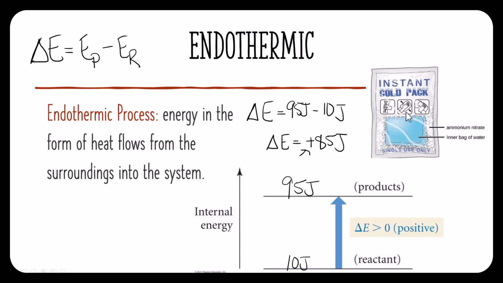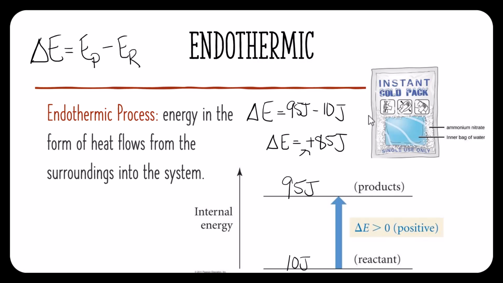So the ice pack is an endothermic process. It's pulling heat from your injury into itself. So that is endothermic. What I observe is my skin feels cold. Well, that's because the heat is being removed, right? So the ice pack is endothermic. It's pulling heat into the system.